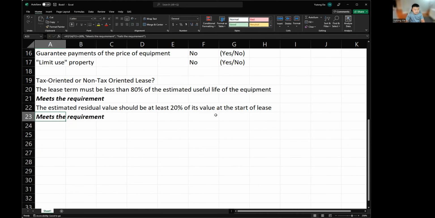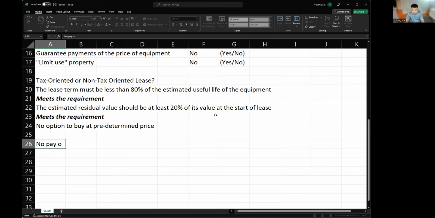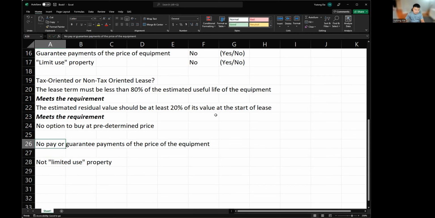There we go. So then we say no option to buy at a predetermined price, no guarantee payments of the price of the equipment. The last one is not limited use property. It's the same if statement.